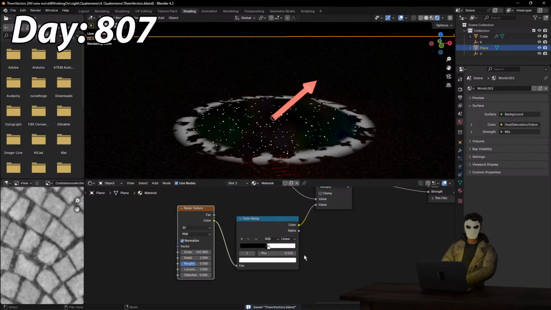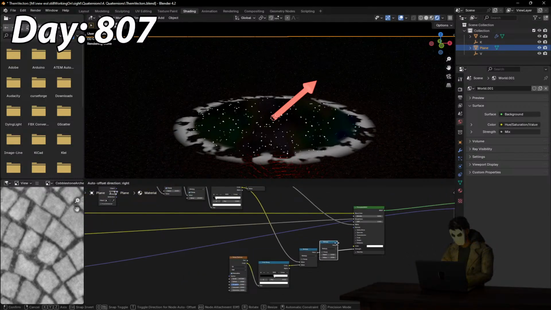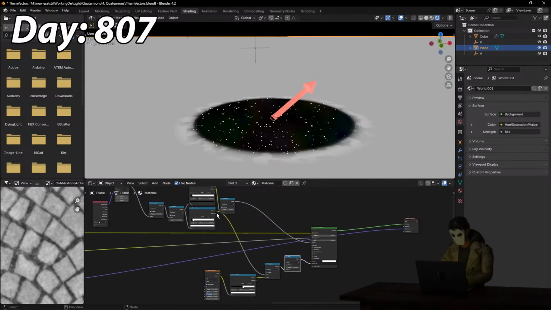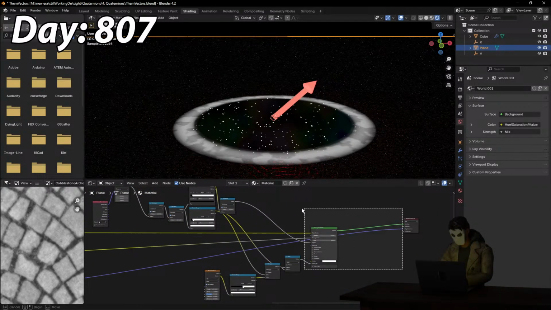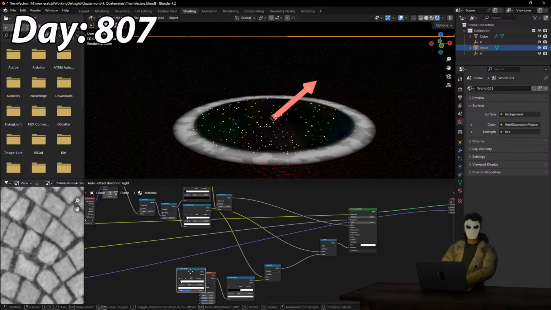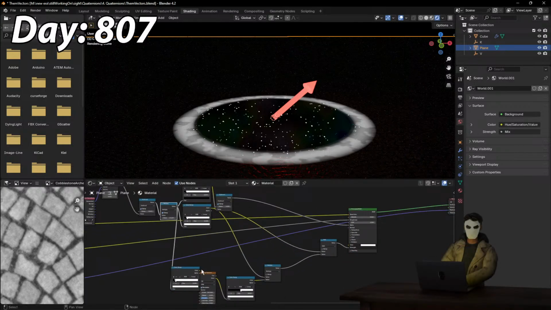I've already done it in the past. I know I have. I just don't remember how exactly. I guess I could just do multiple of these.